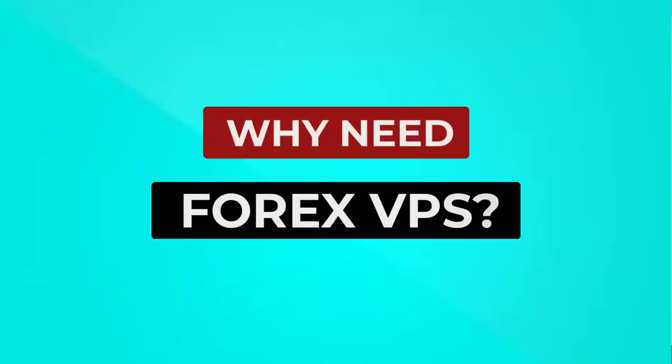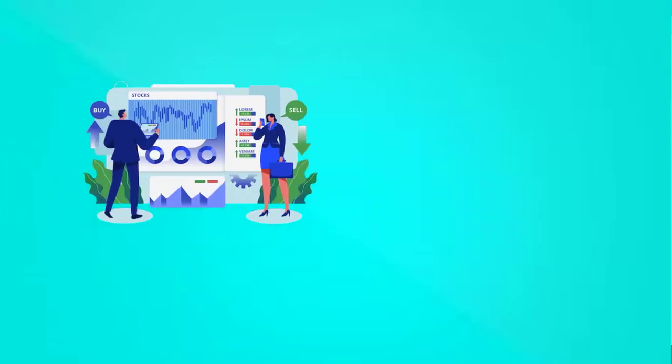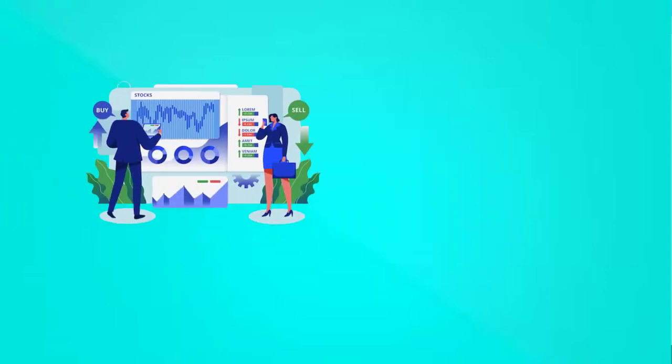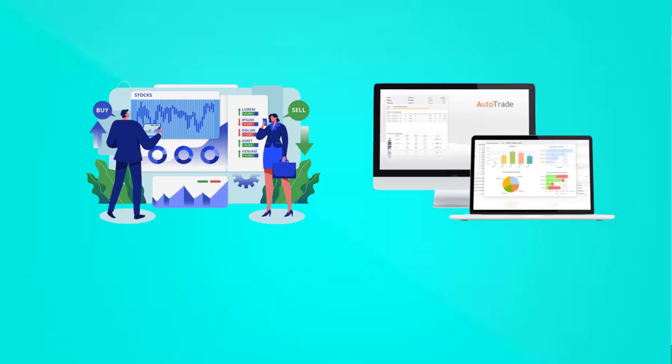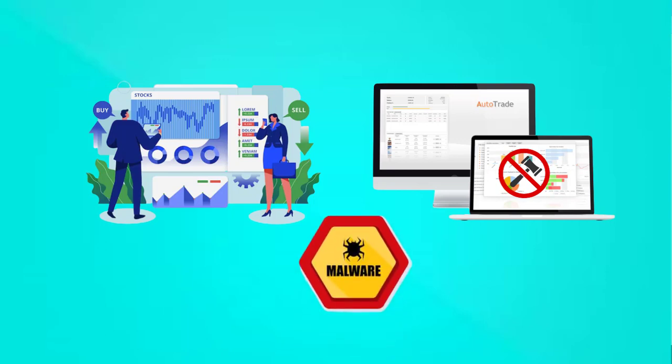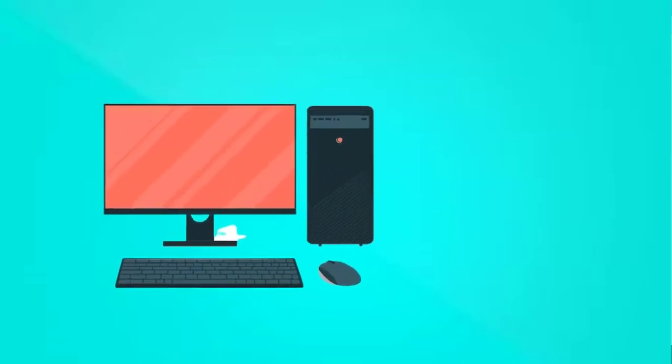Now the third reason why we need a Forex VPS. When you run trading applications on your computer, let's say you are running an auto trader that is not legal, they may add malware or viruses and infect your entire computer. Yes, that happens in the market, and because of that you need another computer.